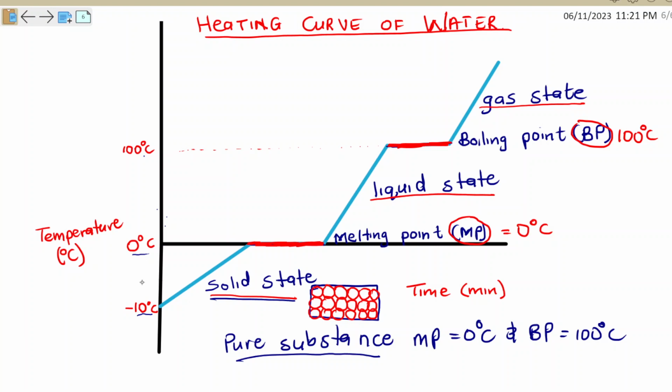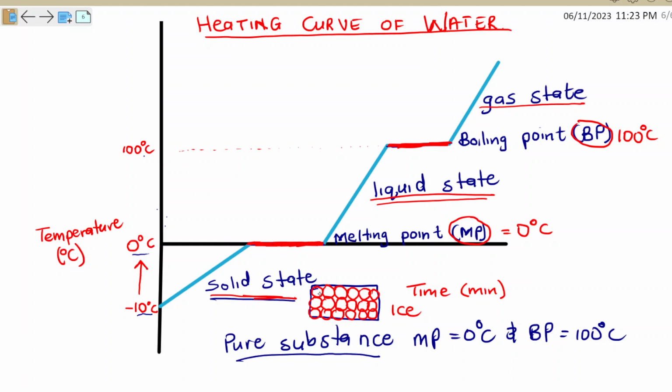So we increased the temperature from negative 10 Celsius degrees to 0. Now, when the temperature is at 0 Celsius degrees, the ice starts to melt. To melt means that the solid state is becoming a liquid state.